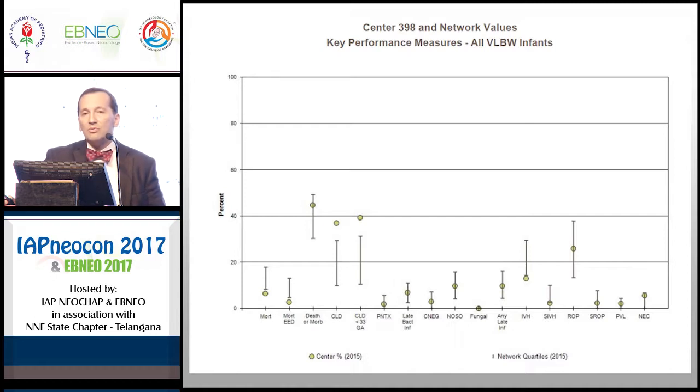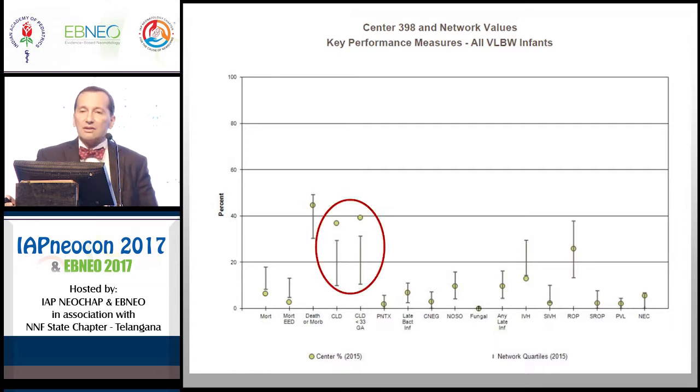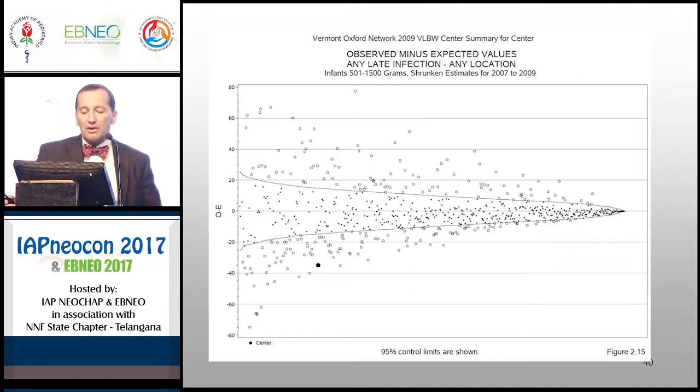And so we would want to say, after taking into account illness severity and after taking into account chance, that any dots that are above the confidence bound, above the range shown by these bars across all units in Vermont Oxford, above the 95th percentile, maybe that's something we should adopt as our QI priority. So this is a data-driven approach to prioritization.